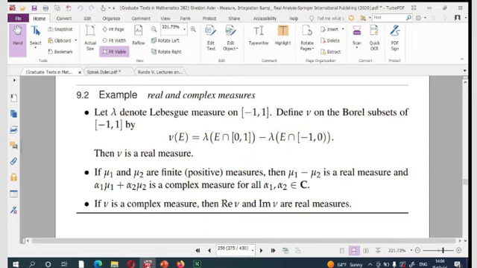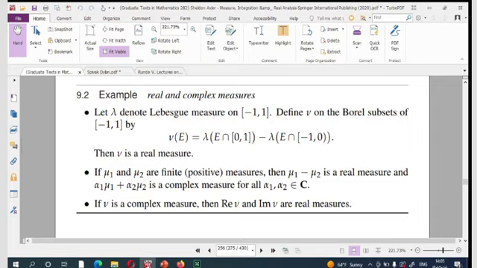And also this is a complex measure. If we choose two real or complex numbers, this is a complex measure. And if nu is a complex measure, real of nu and image of nu are real measures.